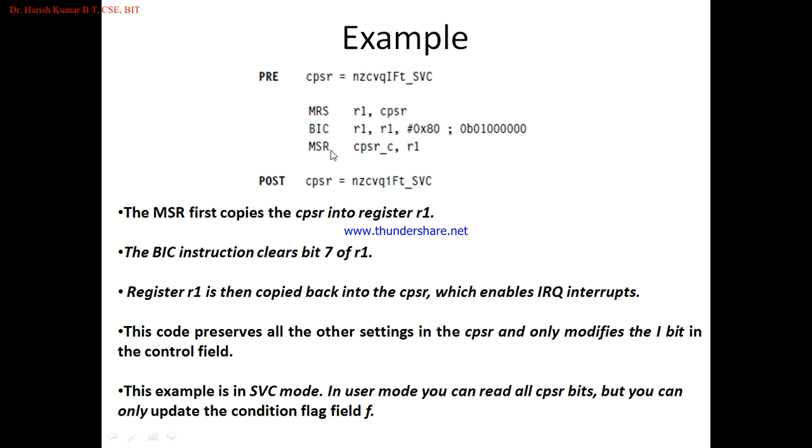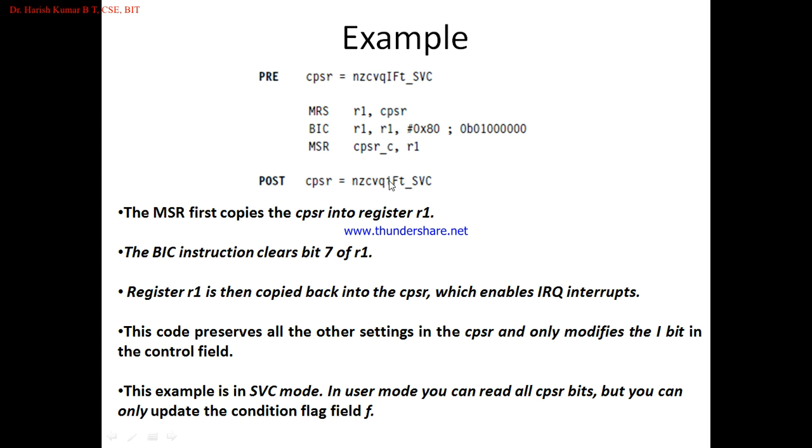Now I'm using MSR CPSR_c, R1. The value which is available in the register R1, I'm just copying it to this. When I copy that, see here the slow interrupt which was disabled earlier is now enabled.